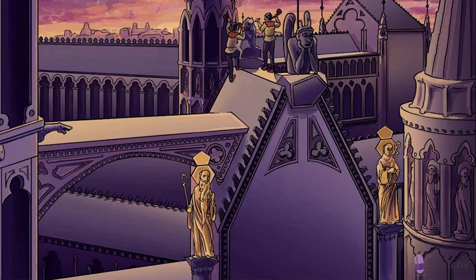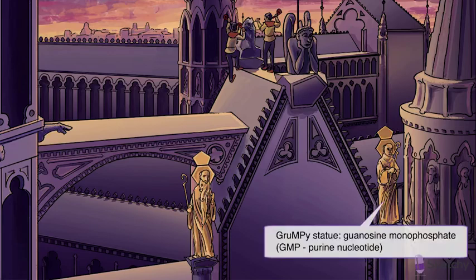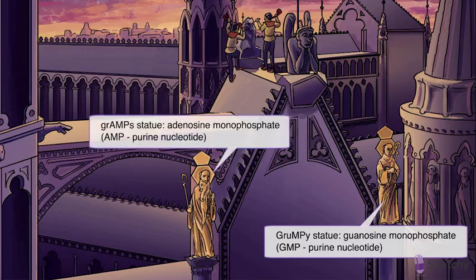Look closely at the rightmost statue and you'll see that he's quite grumpy. A grump for GMP. Now take a look at the statue on the left with the long, spindly beard, just like a nice old grandpa. A gramps, if you will, for AMP. Thus, the imp is converted into the gramps and the grump.